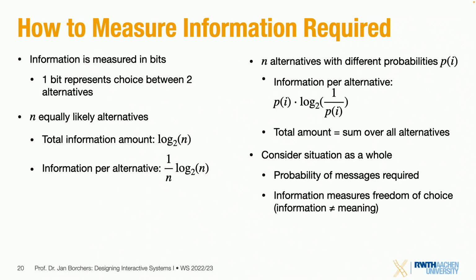So when you look at the situation as a whole, we assume that we know the probability of certain messages coming up. And what we can do with this is determine the total amount of information, in bits, that goes across the line from the user to the system in this case.